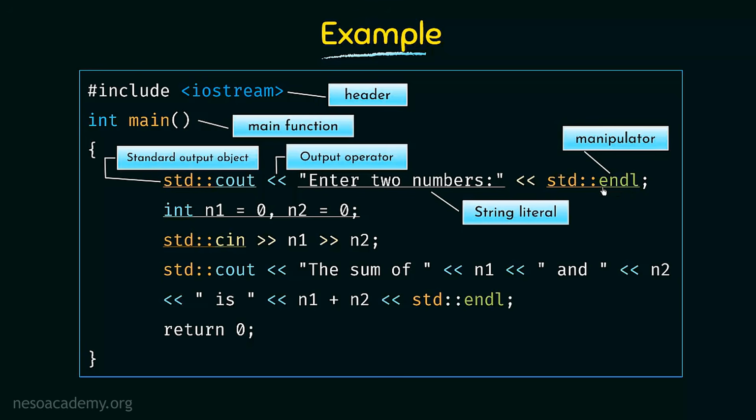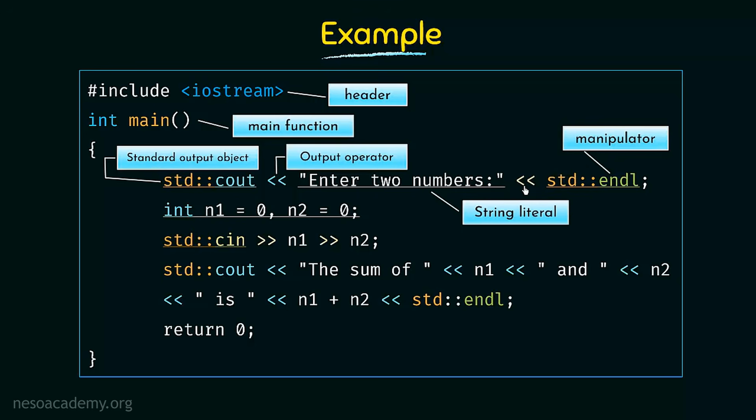It is manipulating the stream and taking the control to the next line. So if you write endl, it will break from this line and come to the next line on the screen. That is what we mean by endl. And again we see that std is written here. Why? Because endl is also defined inside the standard library. So we are saying to use the endl that is within the scope of the standard library.